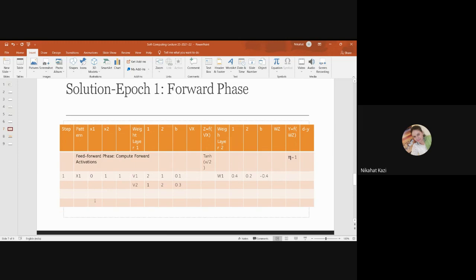So we will compute the net first, for this layer. It is V times X. That is what you have to write in this column. What is V times X? Can you tell me? This vector multiplied by this.